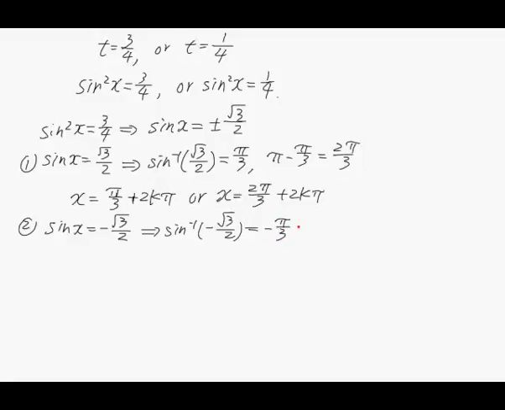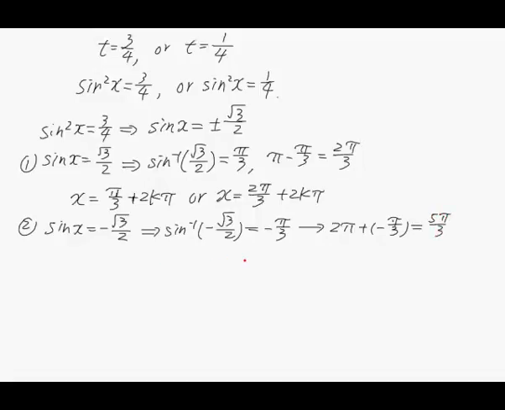And from here, we can find the smallest positive solution, which is coterminal with this negative pi over 3, by adding 2 pi to it. So we add 2 pi to this negative pi over 3, and then we have 5 pi over 3.